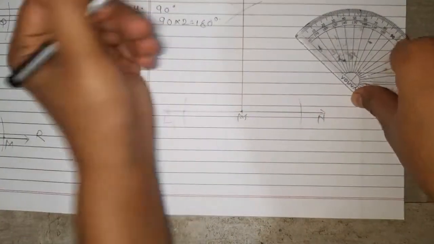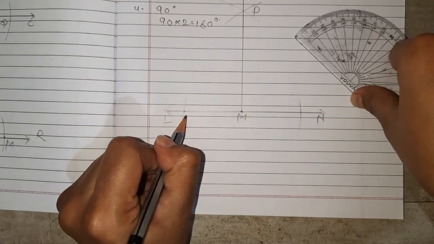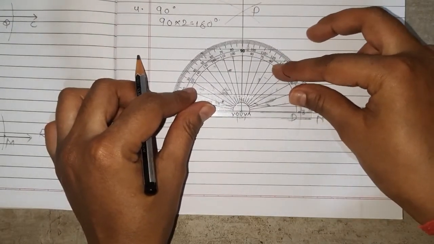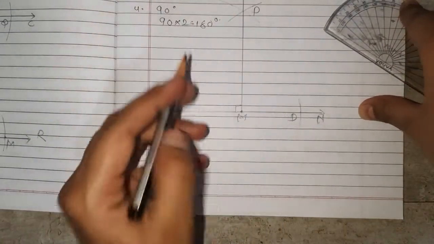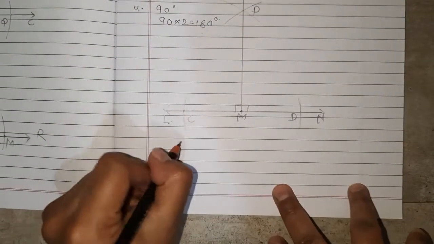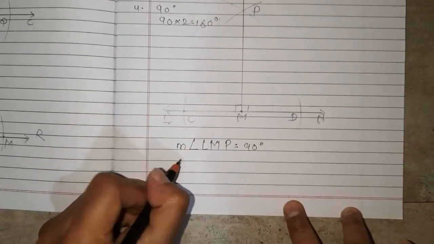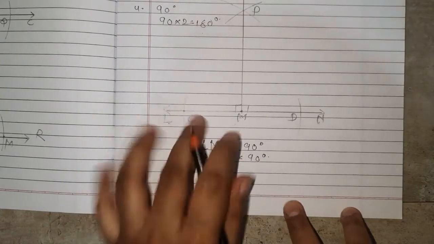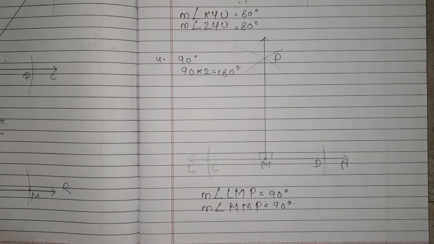Let us name it as P, and these 2 points as C and D. So angle LMP is 90 degrees and NMP is also 90 degrees. So in this way you have to construct an angle and you have to bisect them.